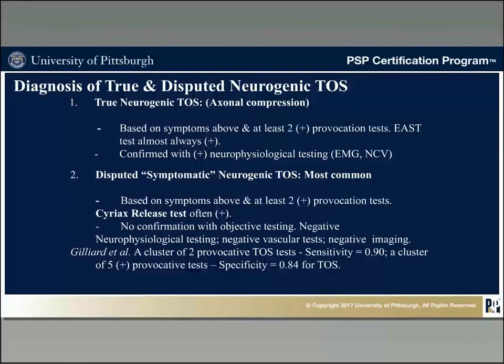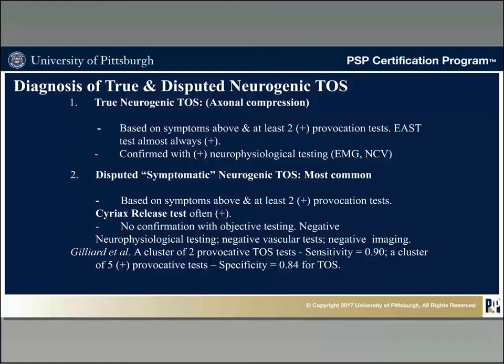The diagnosis of true and disputed neurogenic TOS, again, the difference here being confirmation via clinical and or diagnostic test findings. So again, for true neurogenic TOS, this is going to be based on the symptoms that were noted in the previous slide and at least 2 positive provocation tests clinically, and the EAST test, or the elevated arm stress test, is almost always positive in these instances.